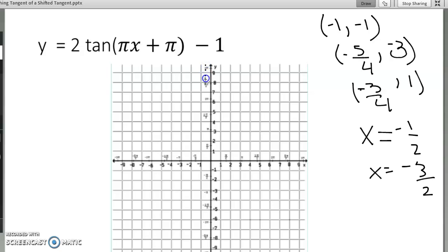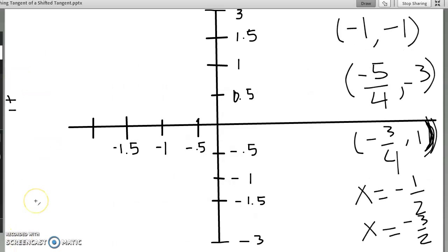So I'm just going to draw some dotted line at x equal to 1/2. And negative 3 over 2, we'll just draw a dotted line there too. Really close together, so this graph is kind of, and actually no, I'm going to make this bigger. Okay, I'm sorry about that. I drew out a new graph, and I just had to make it a little bit wider so we can see it a little bit better.